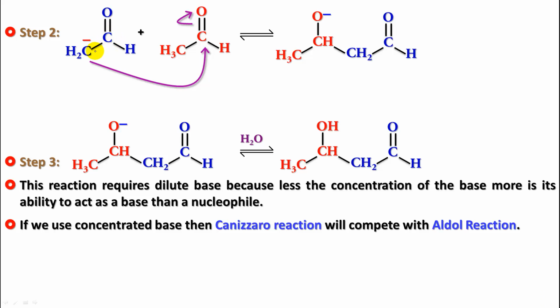Now, of the two, carbon and oxygen, the C minus is the soft base, and the carbonyl carbon is a soft acid. So soft base and soft acid are more likely to attack each other than the other way around. And it is for this reason that the carbon is the one which is attacking the carbonyl carbon and not the oxygen.